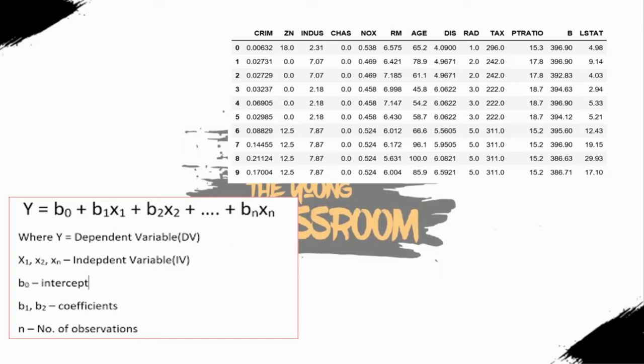So let's take a different approach. What if you can represent your predicted output? Let me show you what I mean. What if the Y, which is predicted by you, is represented in this format, where x1, x2 up to xn represent the various features, and b1, b2 up to bn are constants.